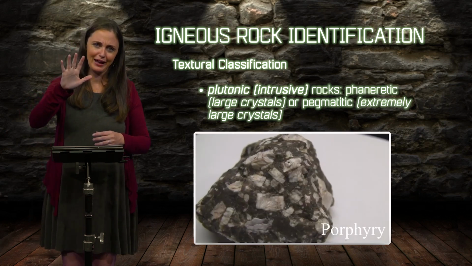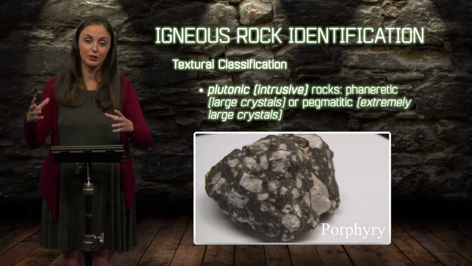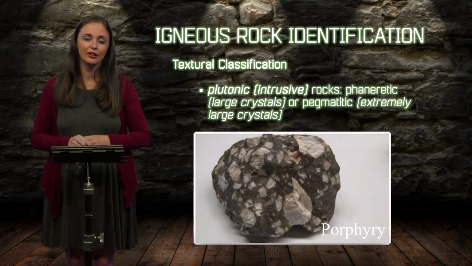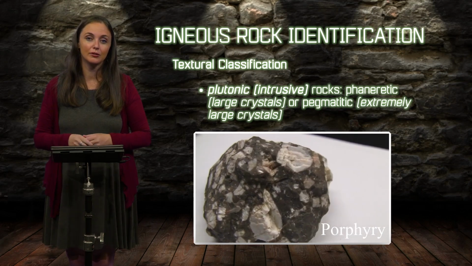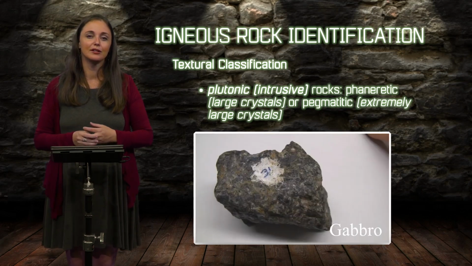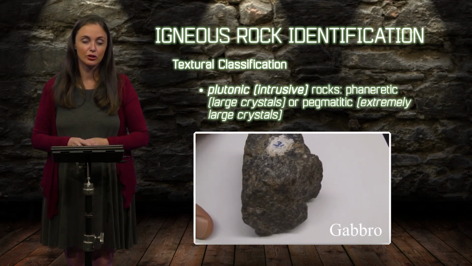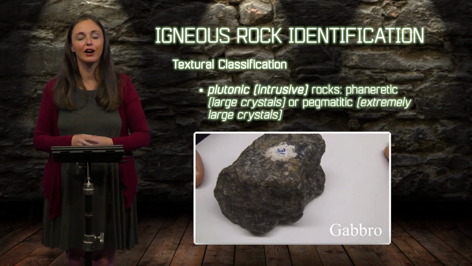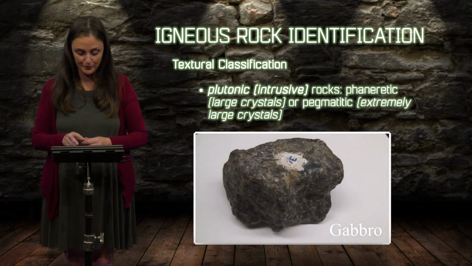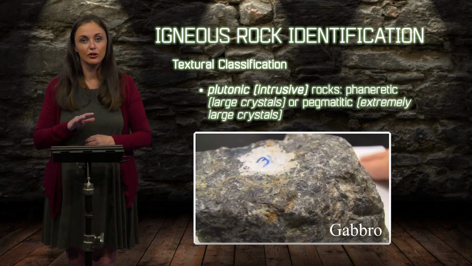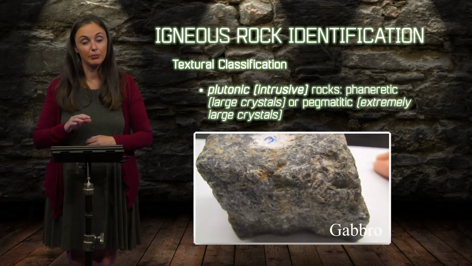They might be as big as my hand. They're going to be extremely large. So you get a lot of really nice gemstones in pegmatites. You get really nice large individual minerals and crystals because of the length of time that those crystals have to grow. So again, intrusive textures include phaneritic and pegmatitic textures.